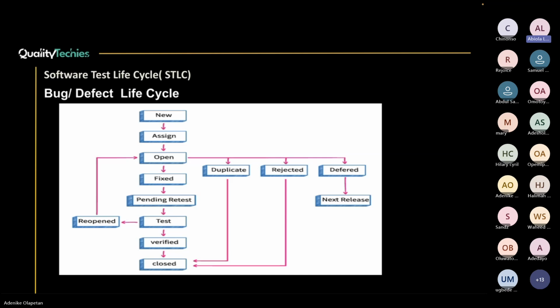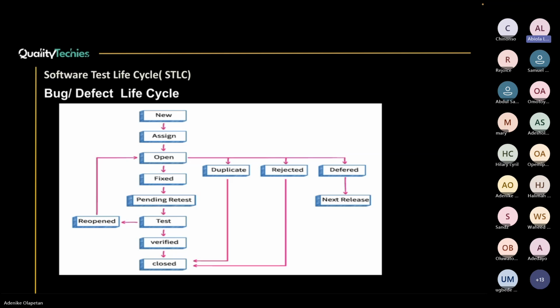So the developer is expected to give a timeline for closure, as well as in places where the waterfall model is being used. You have to give a timeline for fixing those defects, and you revert back to the QA for them to retest. And remember, for each of the retests that is being done, a regression test is expected. And why are we doing a regression test? We want to ensure that when the issue was being fixed by the developer, it has not introduced faults into the other ones that were working fine.